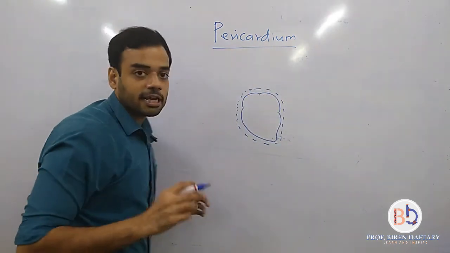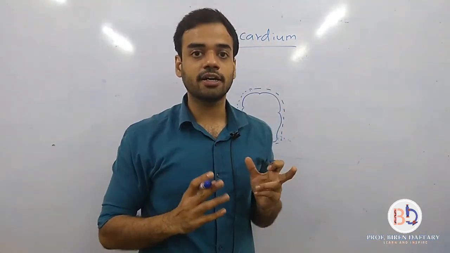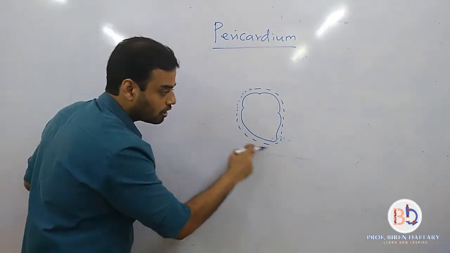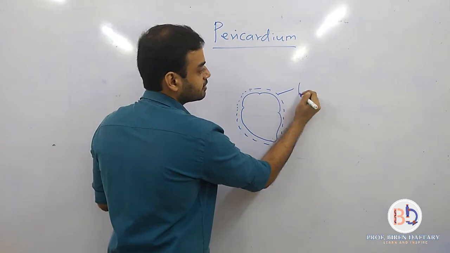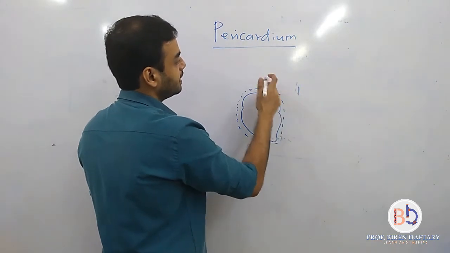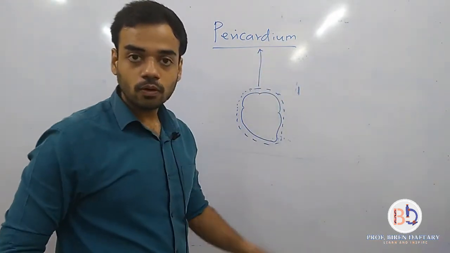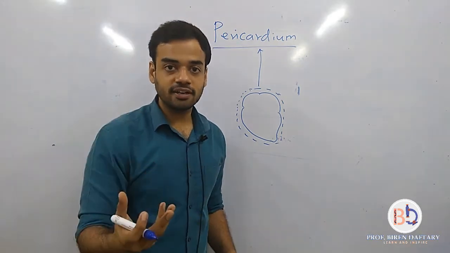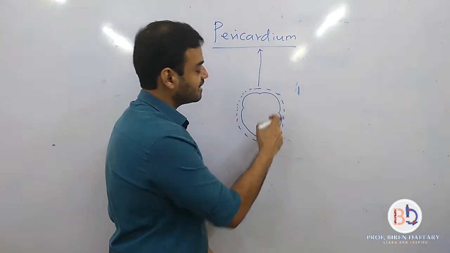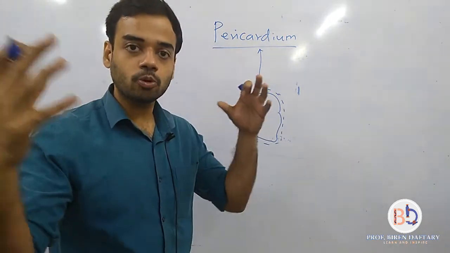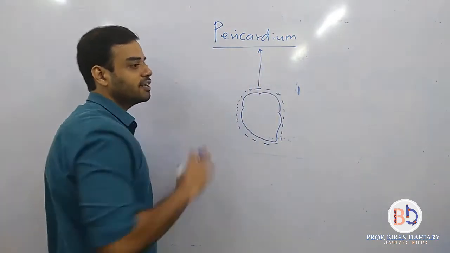A capsule is a layer which is protecting the heart. And this wall which is protecting the heart from outside is called the pericardium. Peri means outside, cardium means heart. The wall present outside the heart to protect it is called the pericardium.